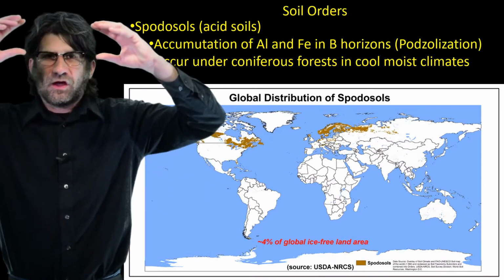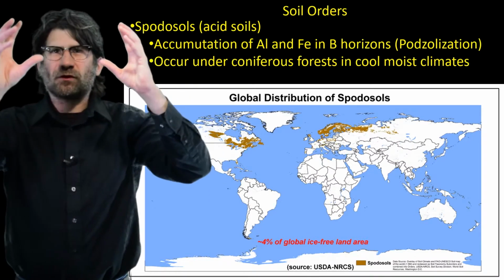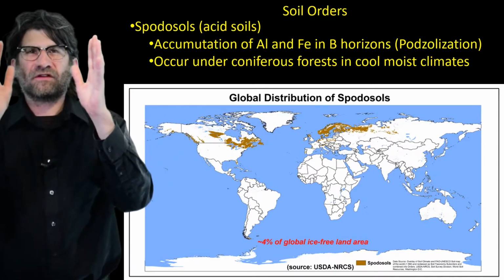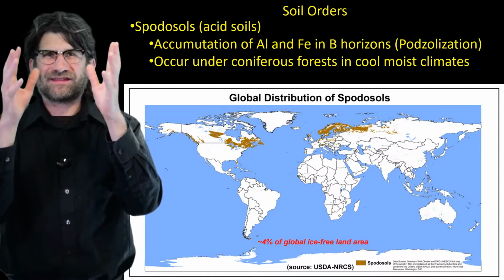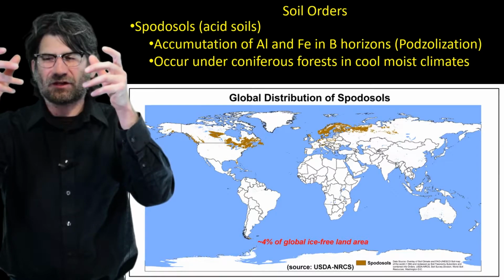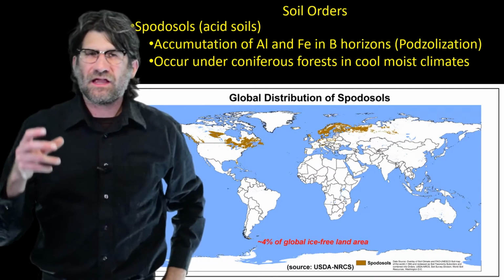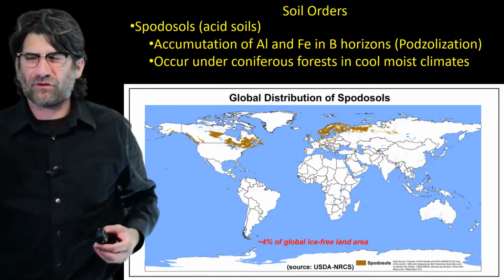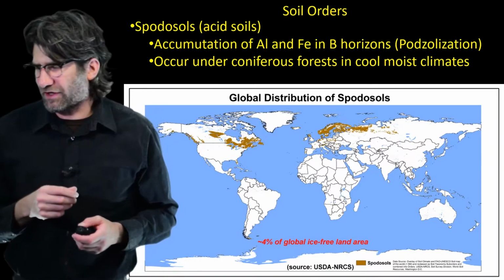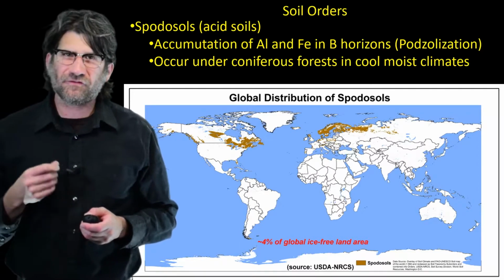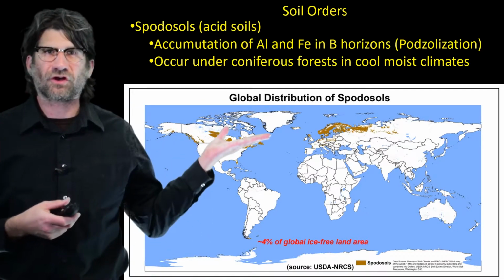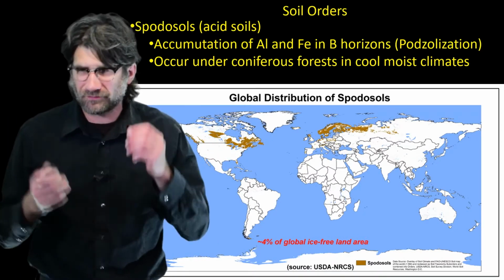These are essentially chelated, and we're not going to get into the details here, but when you have strongly acidic soils, you can make these chelates where we can actually dissolve organic material and move that down into the B horizon. And we're moving down organic material and those aluminum and iron oxides. So where do we find these? You find these where you have acidic soils, like under conifers in cool forests.